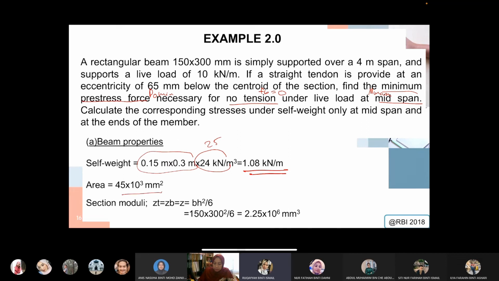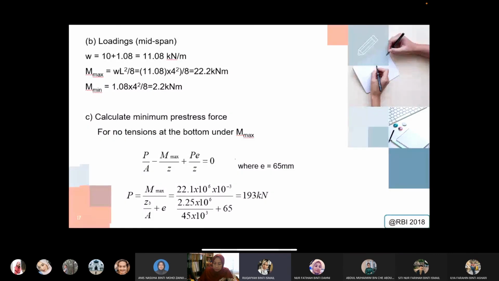So this is the area. Then the section moduli: it is a rectangular section, and this is symmetric. So your top section modulus is equivalent to the bottom section modulus, which gives you BH square over 6, and you have 2.25 multiplied by 10 over 6.